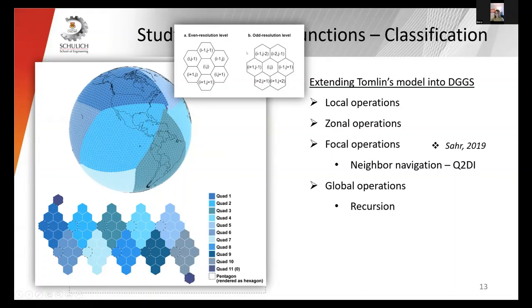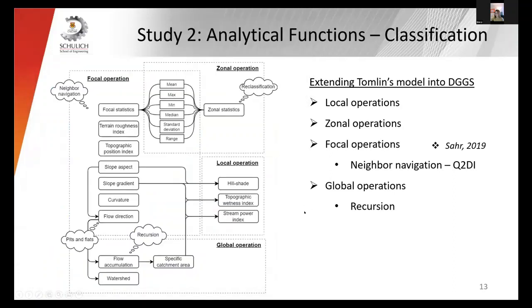It helps to locate the neighbors of each of the cells based on their coordinate-like index. Then we classify those computations that need recursion in their production, like flow accumulation and watershed, into the fourth class called global operations.